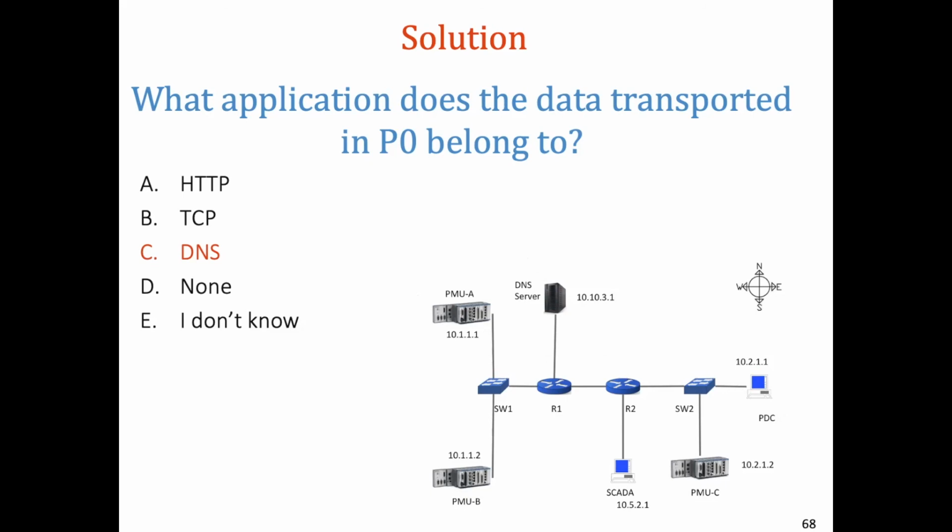Correct, that's true. The DNS request that goes from PMUA to the DNS server is first forwarded by the switch to the router and then to the DNS server.